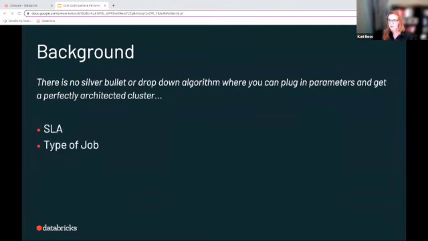We're also going to think about the type of job. If our goal is to get just the right amount of cluster size for the application, you need to know about the data that's going to be used. And for the type of job, is this machine learning? Is this streaming, ETL? Is it interactive or development workloads? Or finally a production job?